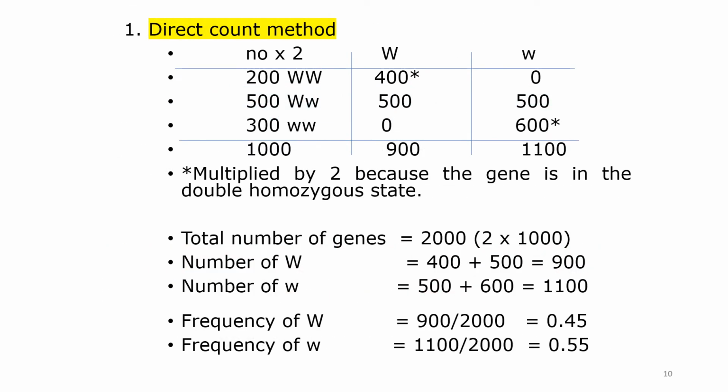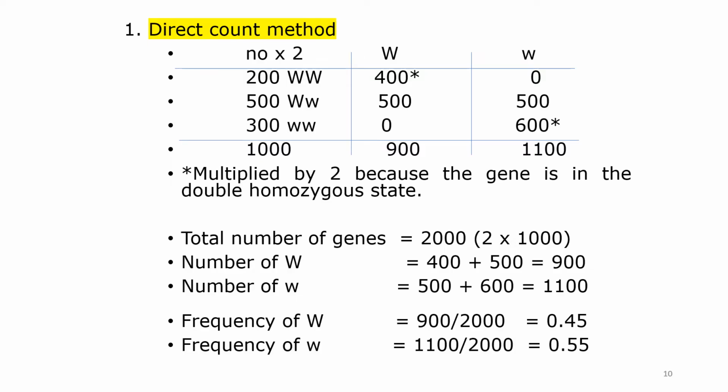So using the direct count method, we'll bring out first of all the observed number. We have 200 of this, 500 of this, and 300 of this. These are the alleles, and we want to estimate the total number of alleles, capital W and small w, in this population. If we add this, we get 1,000.